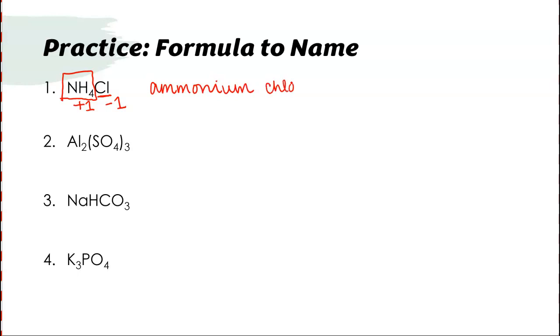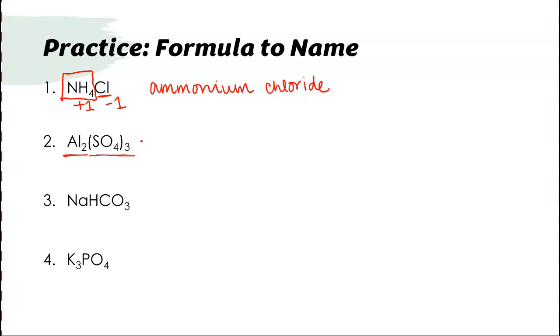Now, you don't need to worry about Roman numerals and you don't need to worry about prefixes because the charges are consistent, which means that you always know from looking at the formula or looking at the name exactly what the compound is. Here we have aluminum, and here we have sulfate.